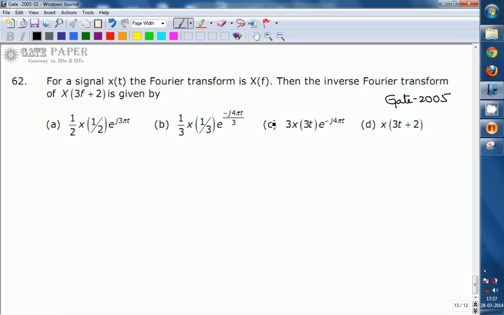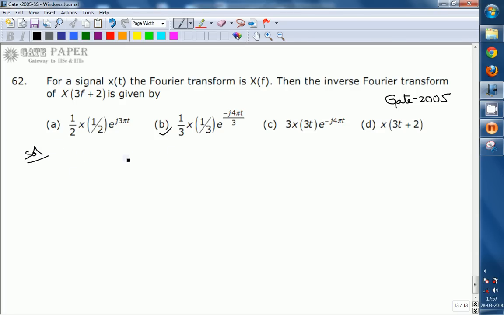So here the answer is B, that is 1 by 3 of x of t by 3 into e power minus j 4 pi t by 3. Now we'll see the solution for this.